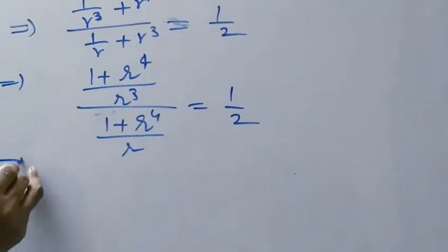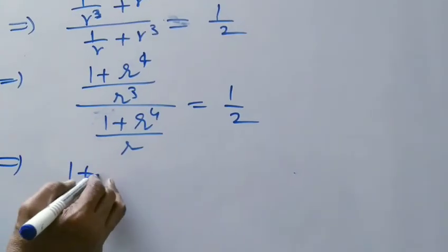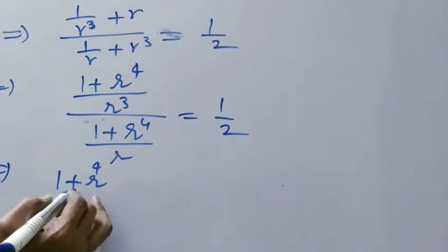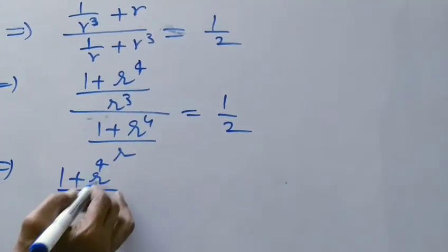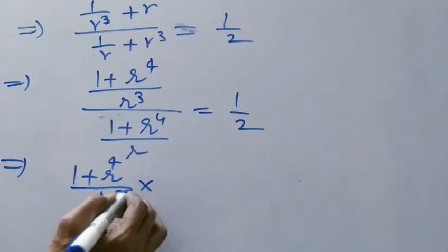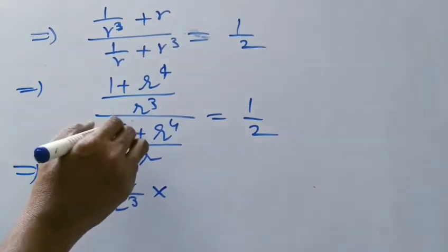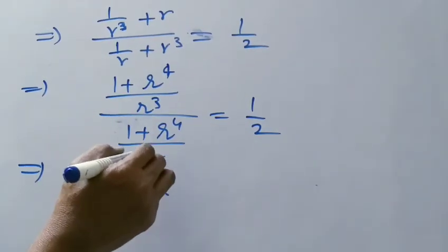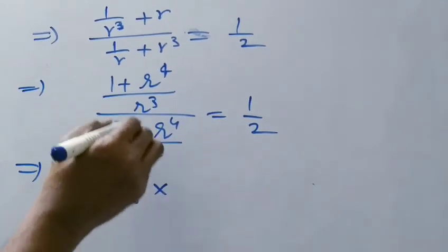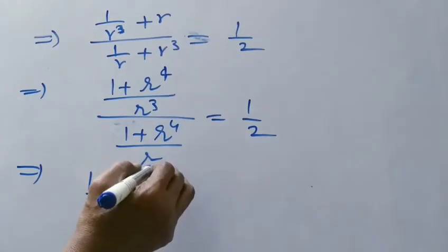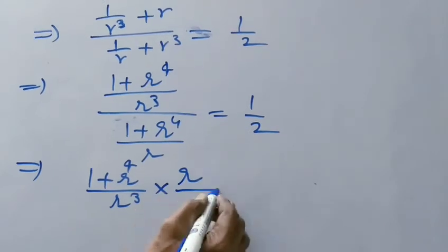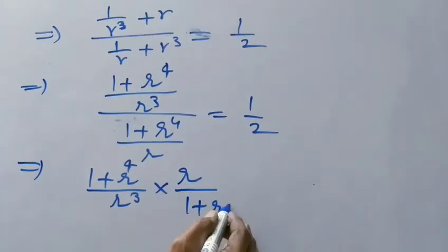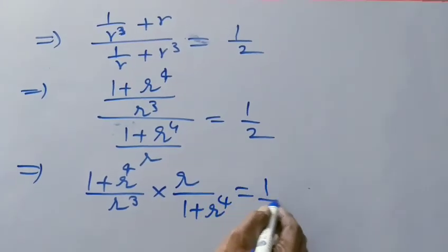So it becomes (1 + r⁴)/r³ into a/b whole divided by c/d is equal to ad/bc. So that means r/(1 + r⁴) is equal to 1/2.